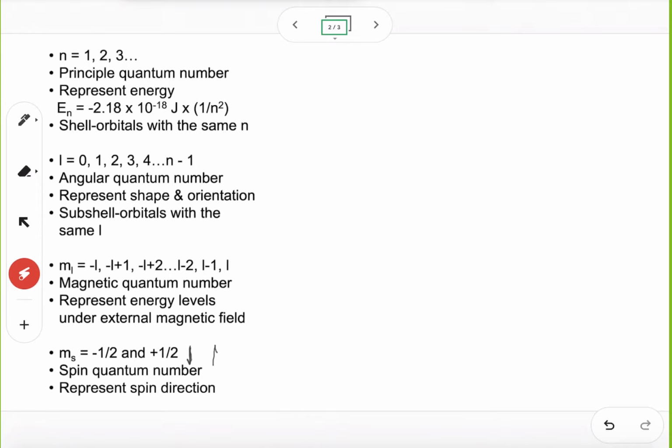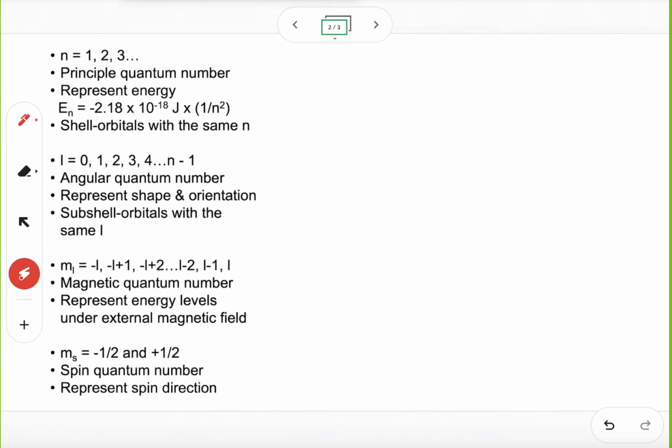One thing I do want to mention here is the angular momentum quantum number. As you notice, for both n and l, the values are numbers. So sometimes when you use numbers for both n and l, it could cause some confusion especially when we label atomic orbitals.